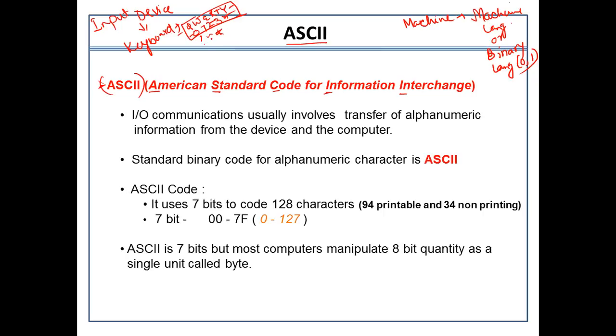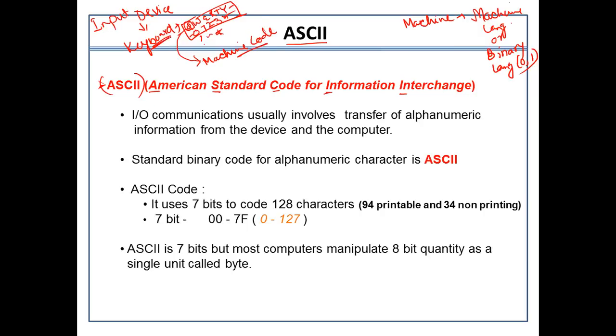Now, the question is that I am pressing Q or another key. But this Q would not be interpreted by my machine as a Q only. It must be decoded into some code, or you could say the machine code, right? So how does this entire thing happen?